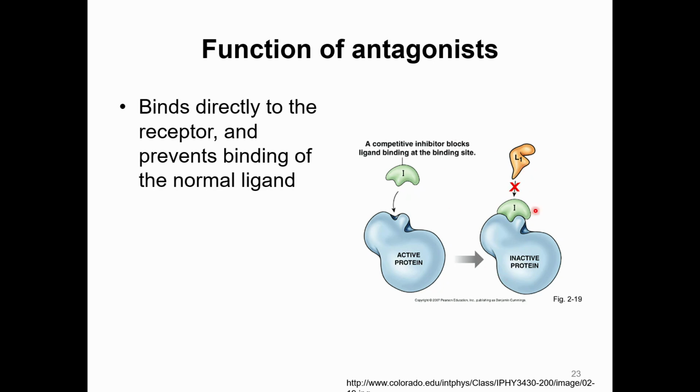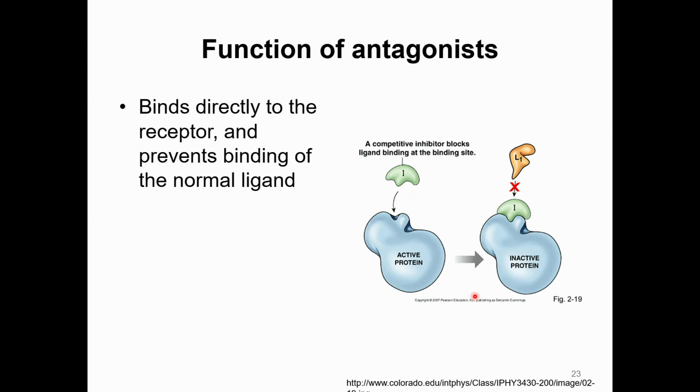But you know, this is a nice little diagram. Remember, if this inhibitor, this competitive inhibitor, this antagonist, if it wasn't present, the ligand could bind, correct? So what's really going on in a real human is that there's competition for this site between the antagonist and the endogenous ligand, and who wins out is going to be determined by the affinity of the endogenous ligand for the receptor as compared to the affinity of the antagonist for the receptor.